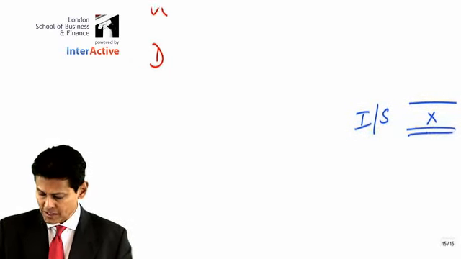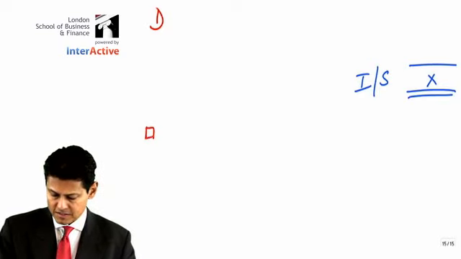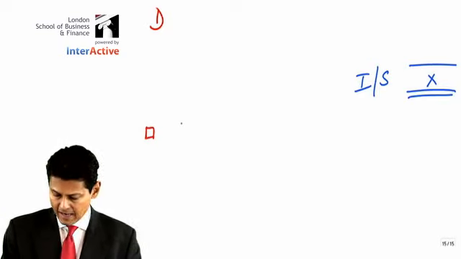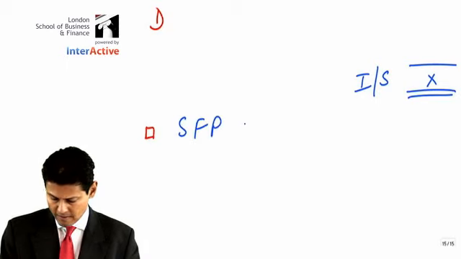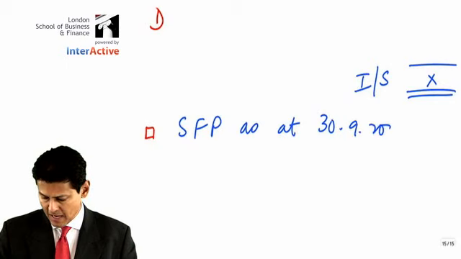Now, lower down the page, leaving a line so it's visually acceptable to the marker, who's probably marking quite fast. Let's say statement of financial position as at 30th of September 2008.